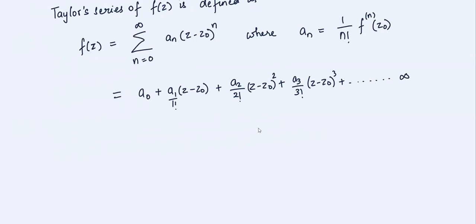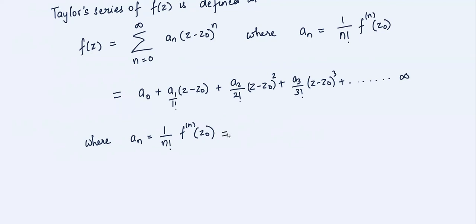So this is the Taylor series expansion, where, important, a_n is 1 by n factorial times the nth derivative of f at z naught.